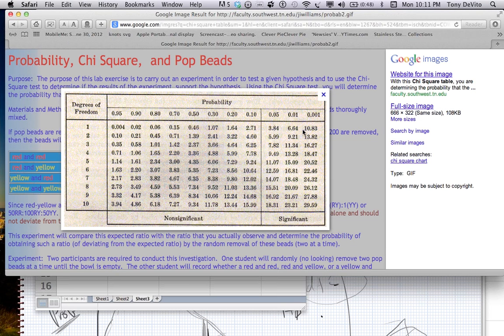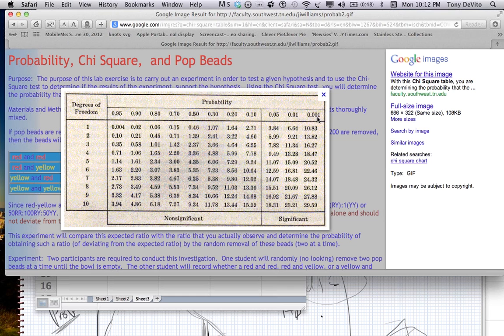In fact, in this particular example, our chi-square value was 12. So our chance of being wrong if we reject the null hypothesis is smaller than 1/10 of 1%, way smaller than 0.05. It's actually even smaller than 0.001 is our probability of being wrong.